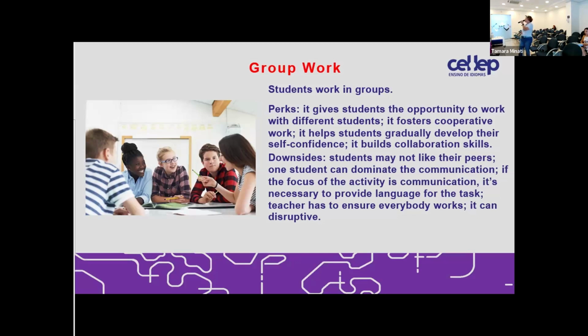If the focus of the activity is communication, again, we need to provide language for the task. The teacher has to ensure everybody works, and sometimes, depending on the activity, it can be disruptive. They make a lot of noise, they are sitting together, they don't want to focus on the activity.